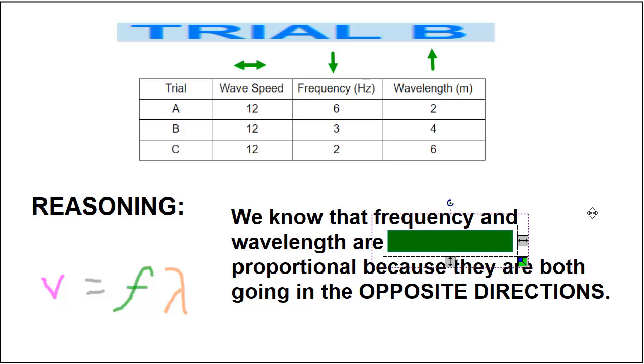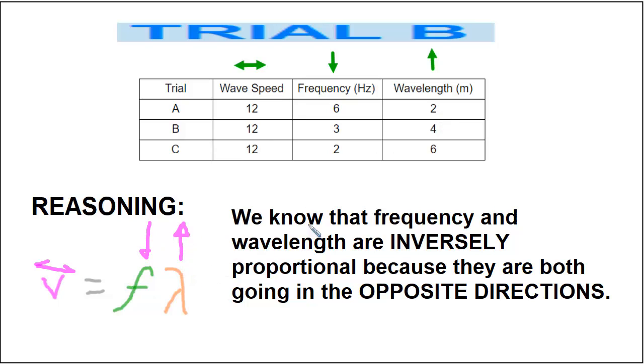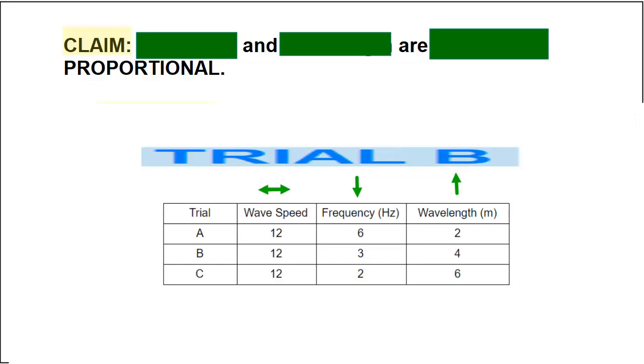So what kind of proportionality are they? Reverse, inverse. They're inversely proportional. So this is our reasoning. Because they go in opposite directions, frequency and wavelength are inversely proportional. And again, you can go ahead and do the arrow math. Speed is constant like this. Frequency is going down. Wavelength is going up. And there's your reasoning.